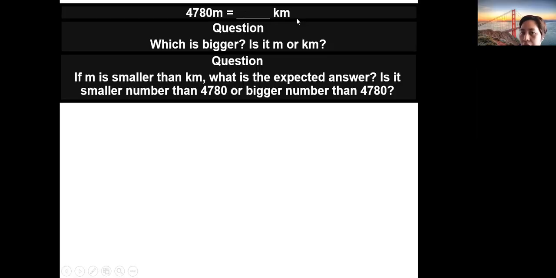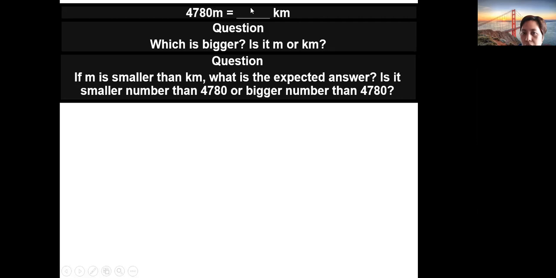But here, it's a smaller unit converted to a bigger unit.